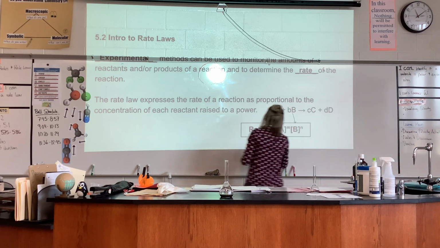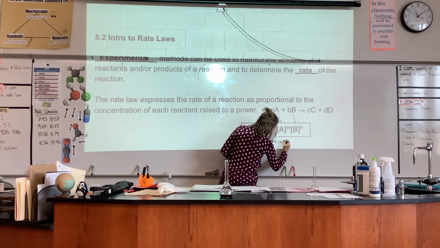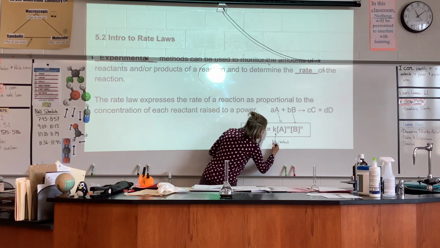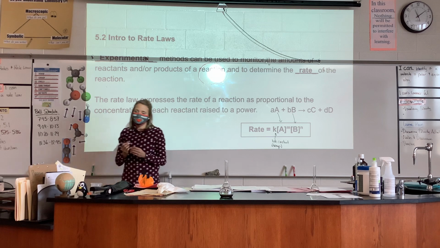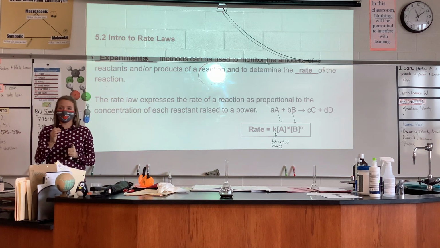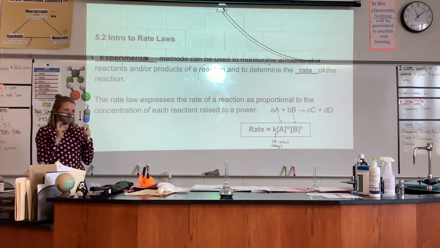K right here is known as the rate constant. This is the piece to the math that brings in temperature. Little k. If you do an experiment under the same temperature, k won't change. That's why it's considered a constant.